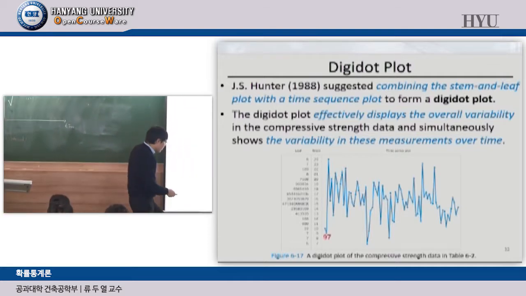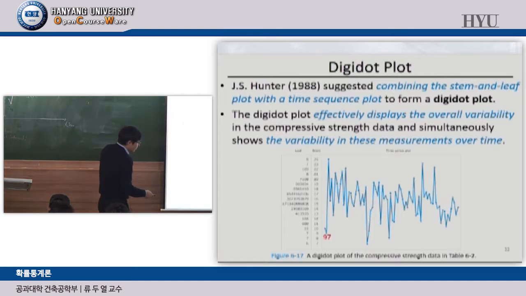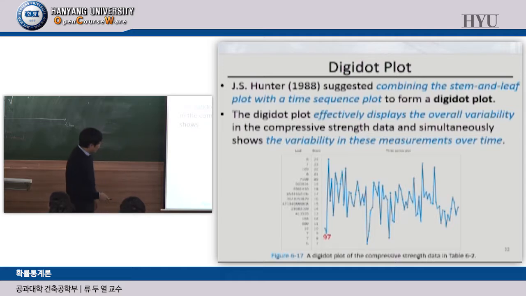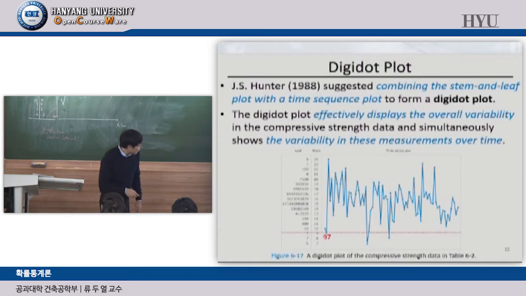So, for example, this is the 97 pound per square inch compressive strength, okay? We obtained from the data point, from the experiment. And as you can see, this point in this time sequence plot is very similar to the data point in the stem and leaf diagram. Okay?